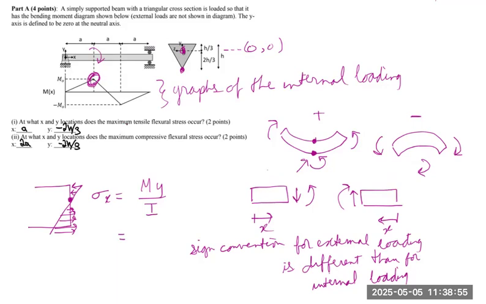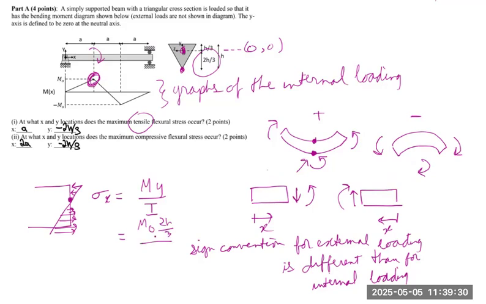So the maximum tensile flexural stress is going to occur at x equals a and y equals a height of negative 2h over 3. Because our max moment occurs at A, we see we have a peak there, and the y value is going to be the maximum tensile stress, this arrow over here at a height of, well, let's just use 2h over 3.